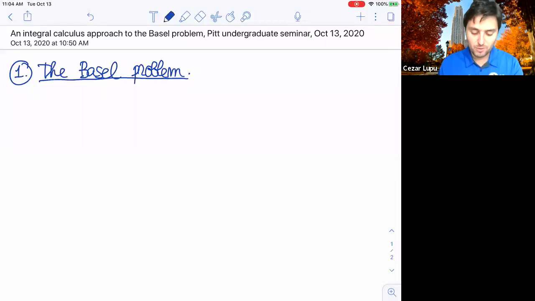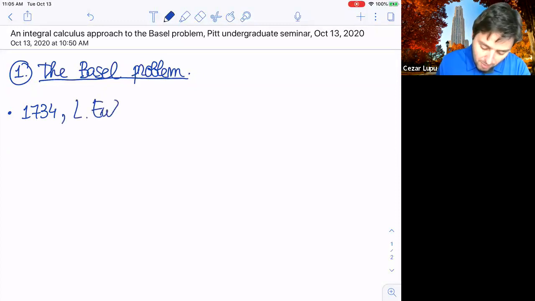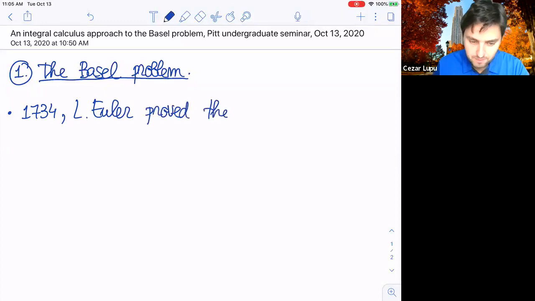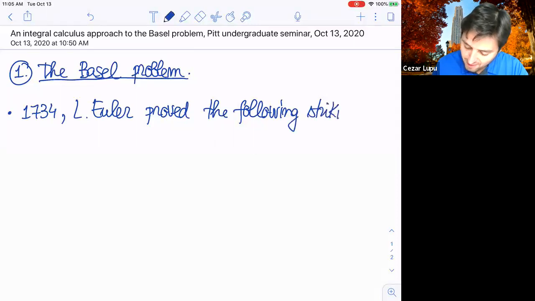In 1734, I'm not going to talk about this chronologically, but in 1734, Leonhard Euler, so probably you've heard of this guy, proved the following, I would say striking result, which is the following.